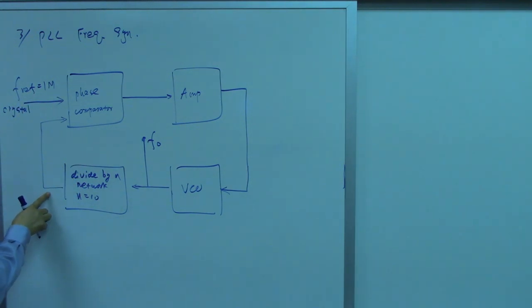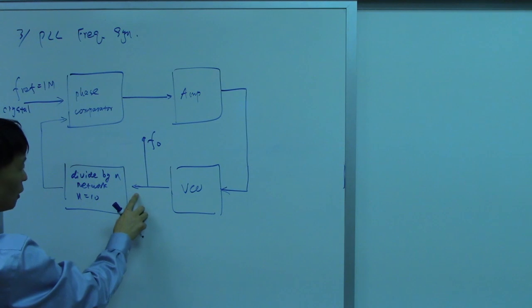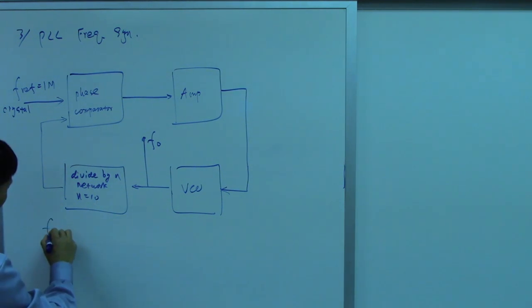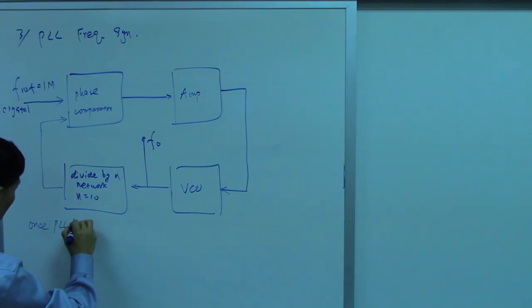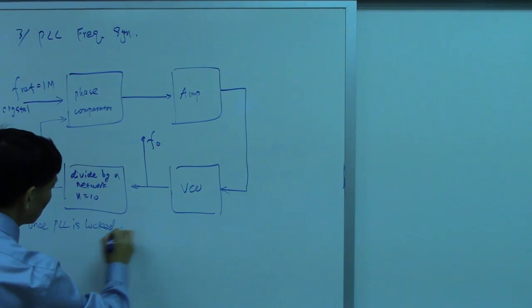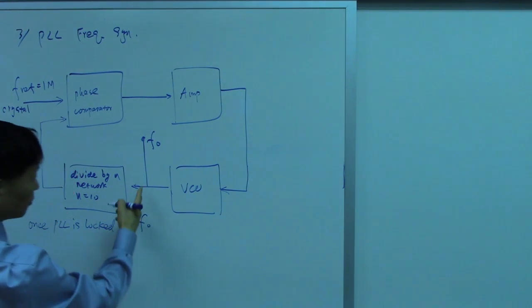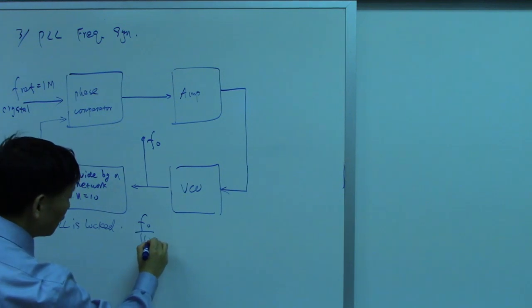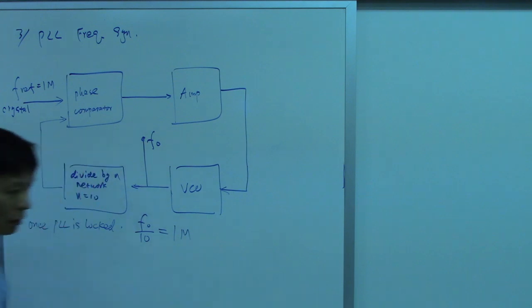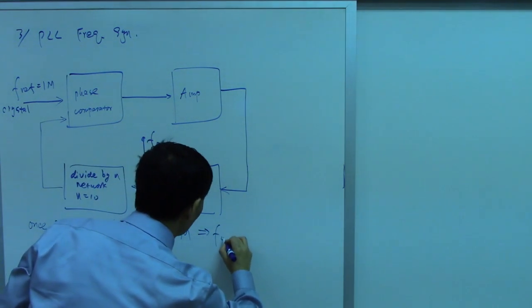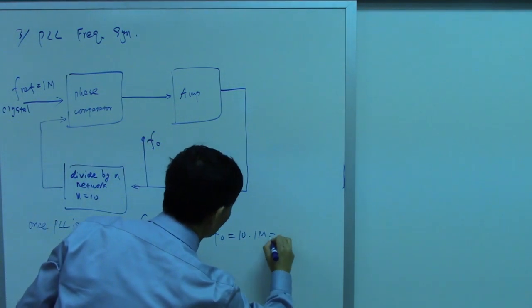And what is this frequency? This frequency equals F0 divided by 10. So once it's locked, F0 divided by 10 will be equal to 1 meg. That means F0 will equal 10 times 1 meg, so equals 10 meg.